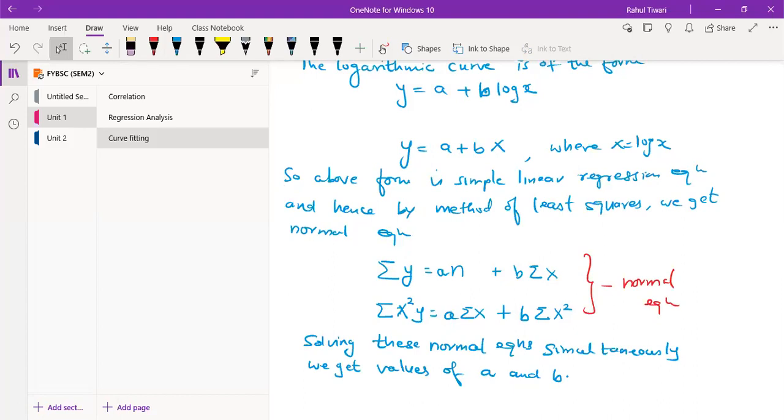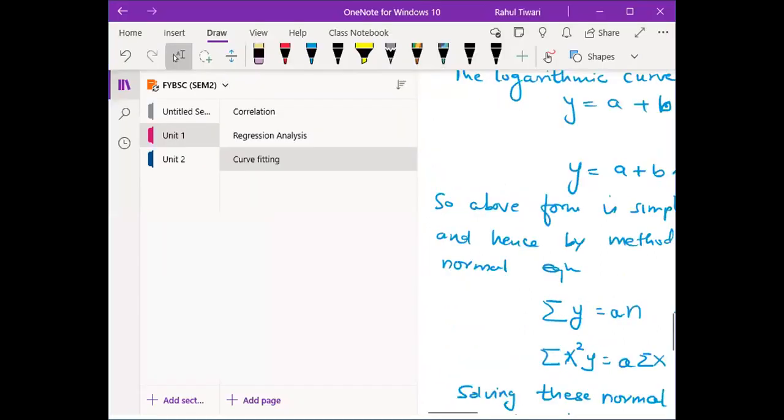Any question which you feel you can ask, because once you understand one model, the remaining four models become simple for you.